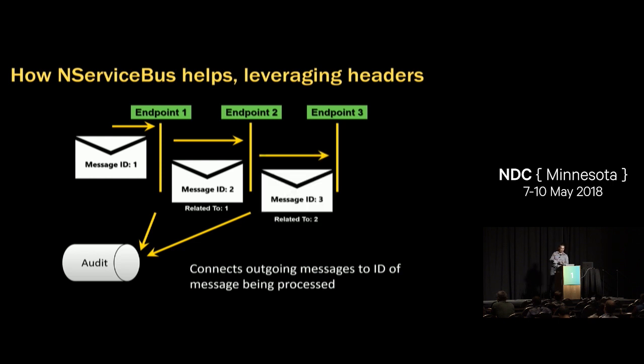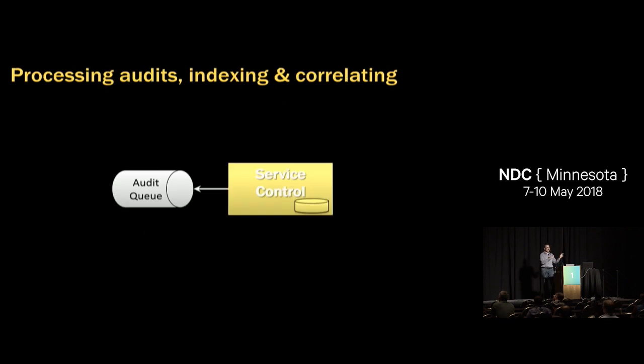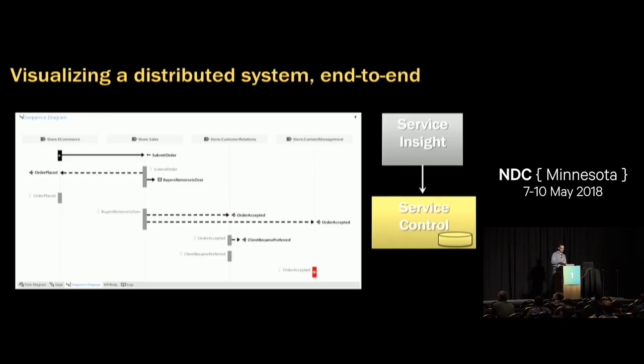So that way, when you have a given flow through your system where place order resulted in order accepted, and order accepted triggered a saga, and then saga triggered something else, which triggered order build and which triggered order shipped, and you have all of those events happening in parallel for multiple users, we can make sense through these breadcrumbs across all of the message headers, taking all of that audit stream, putting it into some kind of indexable database, where then we can create a nice kind of visualization.